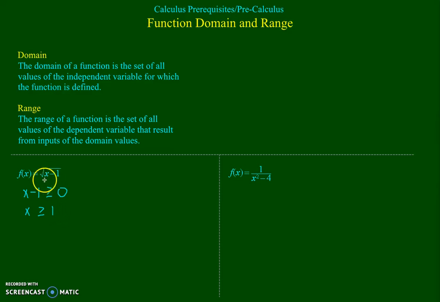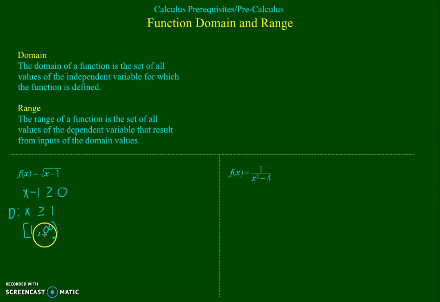Therefore, the domain of this function is where it exists, so we can say the domain is where x is greater than or equal to 1. This is inequality notation. We could have said it like this: 1 to infinity. This is inclusive, so including 1 to infinity, non-inclusive.